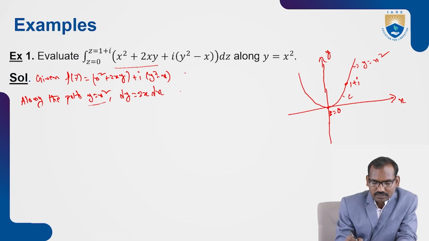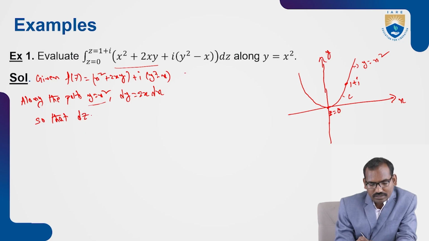So that I can find dz. dz is required because dz is there in the integral. I want to write dz in terms of real and imaginary parts. So for dz, the real part is dx and the imaginary part is dy.